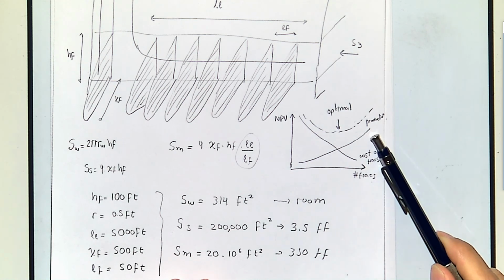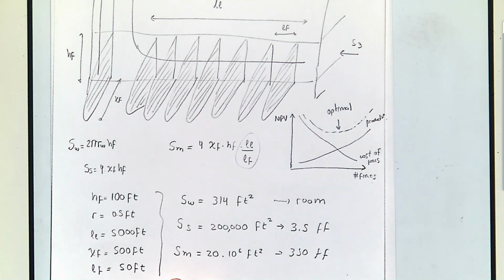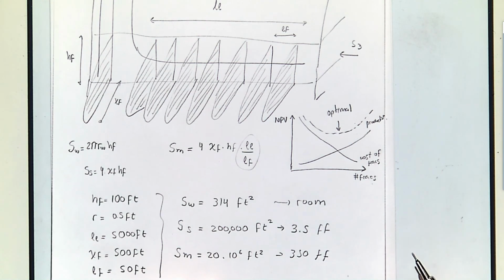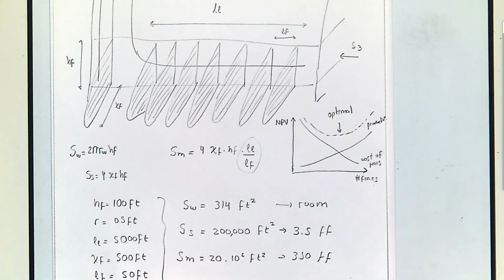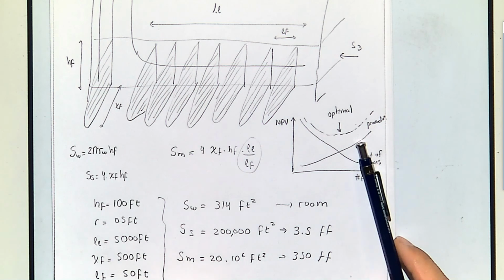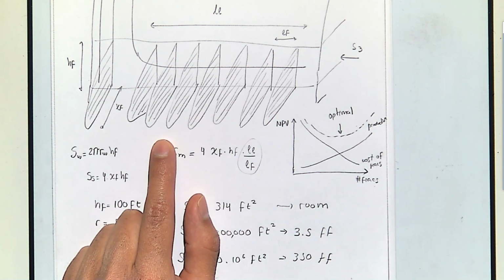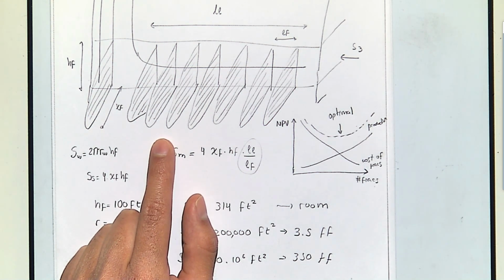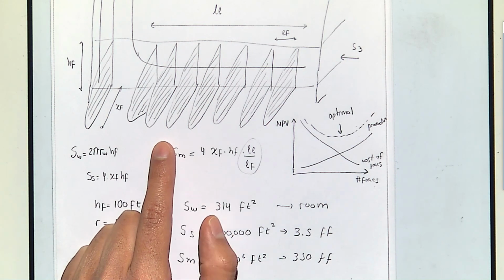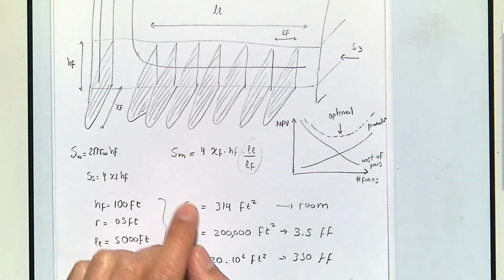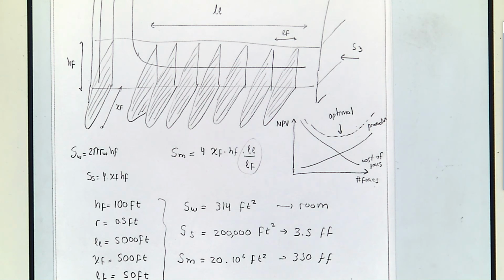One limit is just related to cost, and then we're going to see now how that is related also to interaction between fractures. You could also think of this problem, as one student gave me a very good example, like you could think of this wellbore as a clothesline, and you're hanging your clothes there, right? If your clothes are wet and they are too close to each other, probably they're going to take more time to dry.